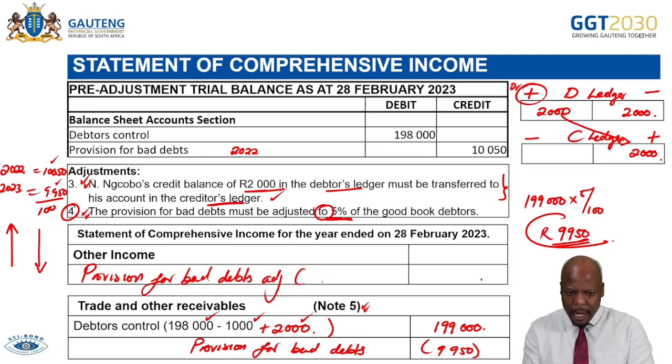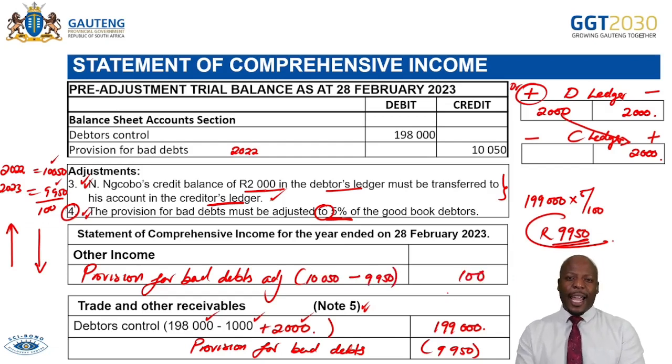Okay, and then I'm going to take my 10,050 minus my 9,950. And then I get my 100 rands. That is how I end it off. I compare the previous year with this current year, and then that is how I get my provision for bad debts.